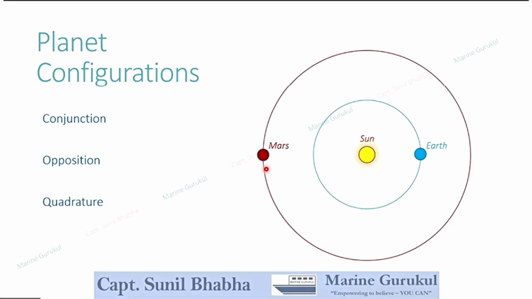Now both Earth and Mars are revolving around the sun in their orbits. The speed at which they are revolving around the sun is different. All the planets have different speeds. We just saw the third law of Kepler's planetary motion, which said T square by R cube is equal to constant.